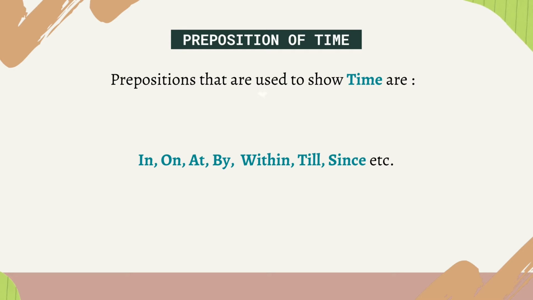Prepositions that are used to show time are as follows: in, on, at, by, within, till, since, etc. On the next page, we will discuss the uses of these prepositions.